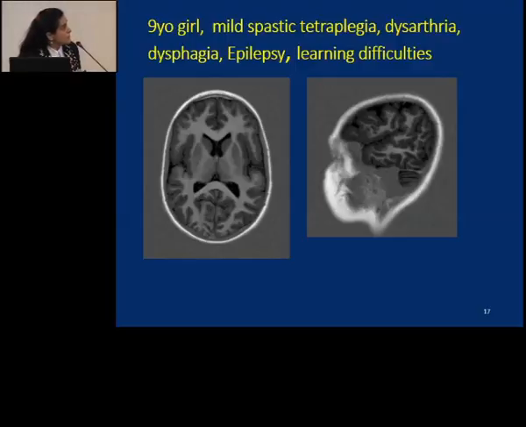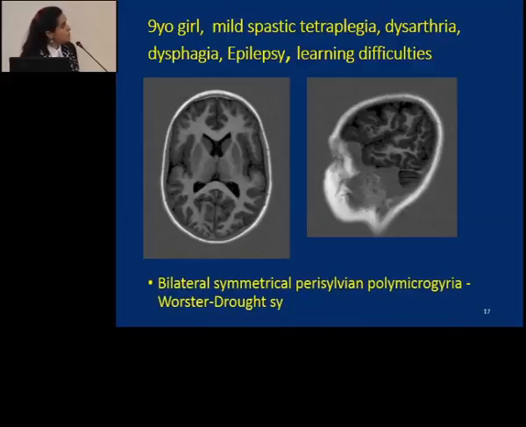Okay, so this is a small girl with mild spastic tetraplegia, dysarthria, dysphagia, epilepsy, and learning difficulties. You can see bilateral perisylvian polymicrogyria, and this is the sagittal image. And when you combine imaging findings with the clinical history, you can make a diagnosis of Foix-Chavany-Marie syndrome.